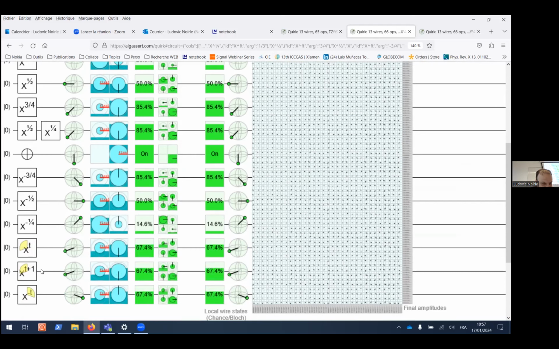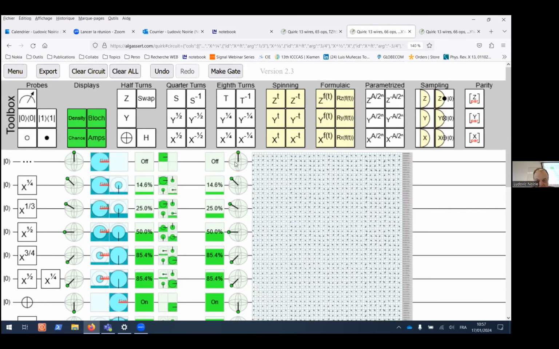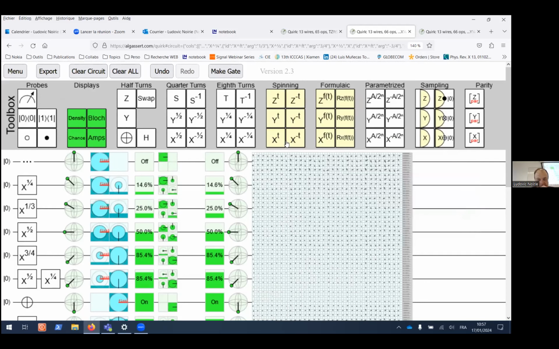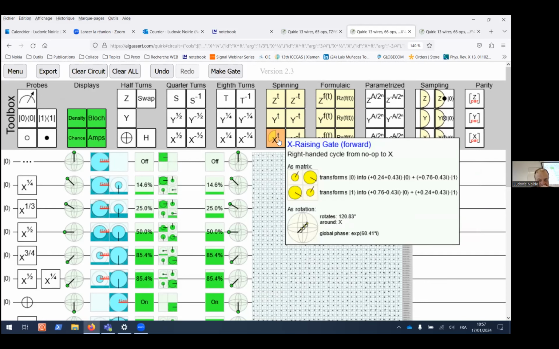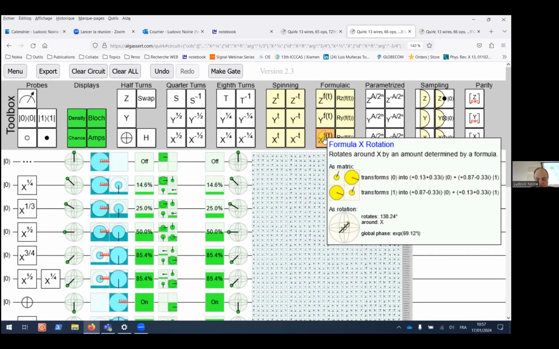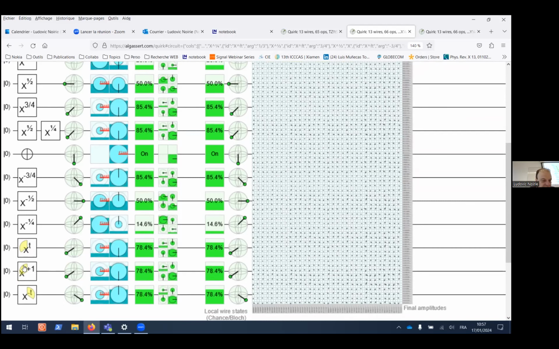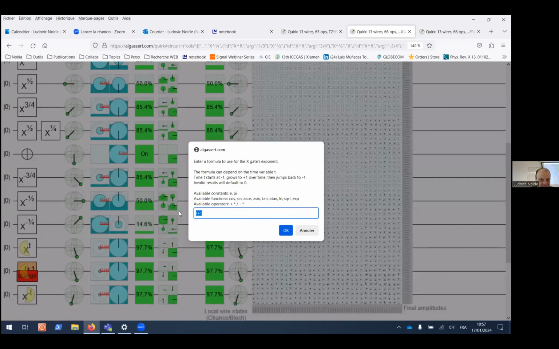You see something strange: it is written X^(t+1). In fact, there are two ways to make it turn around the circle. Either use this or use this one with parameter t. But here the tool uses another convention, where t moves not from 0 to 1 but from -1 to +1, which is why I write t plus 1.